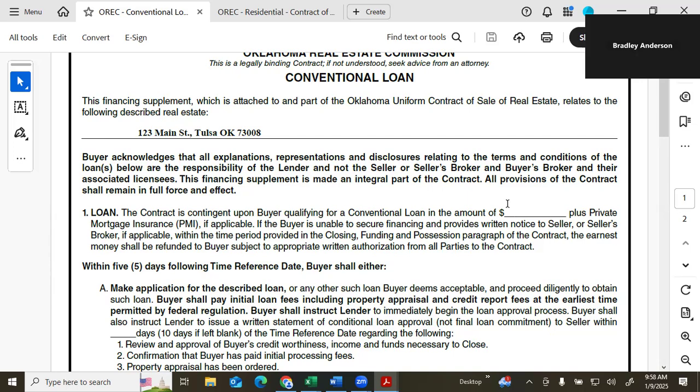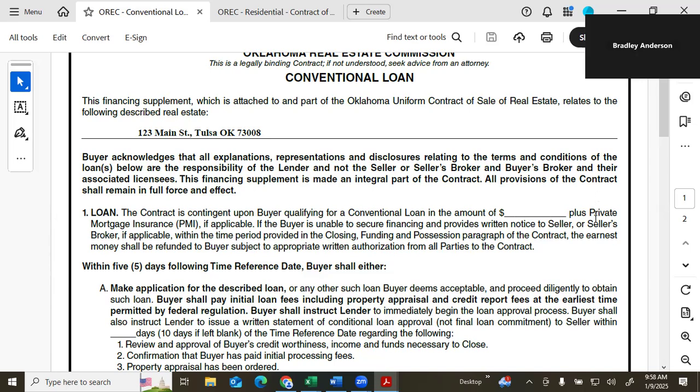Now, you would get that information from the lender in the form of a pre-qualification letter before you even went out and looked at a home. Okay, so if they're putting 20% down on a $400,000 home, their loan is then $320,000.